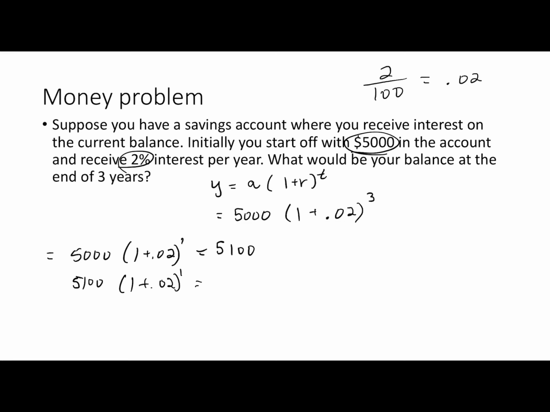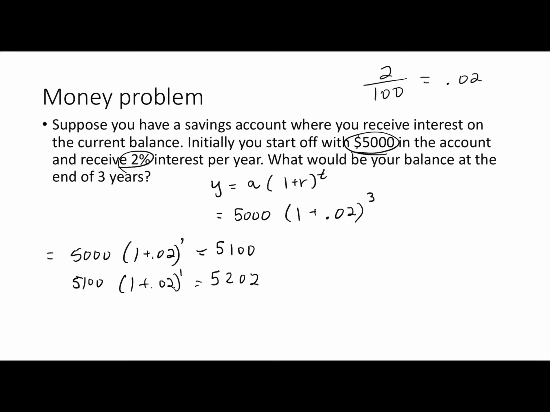This is one more extra year, and that's going to give us $5,202, which is pretty crazy. You gained $100 the first year, and then you gained $102 the second year. See, you're increasing your interest by a little bit more.